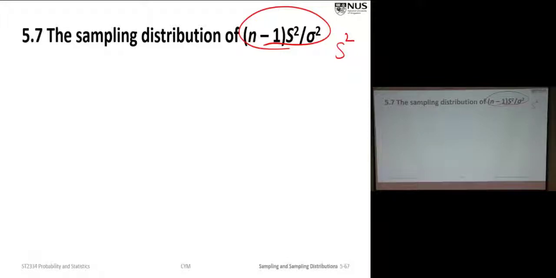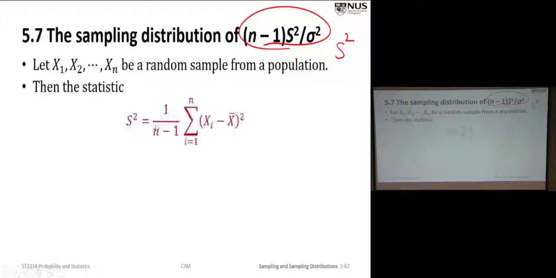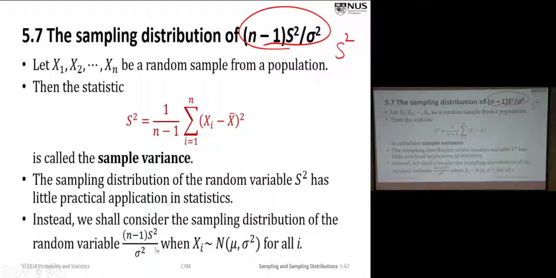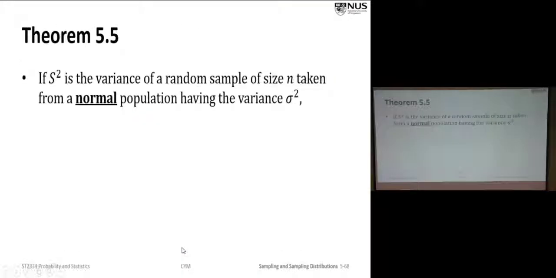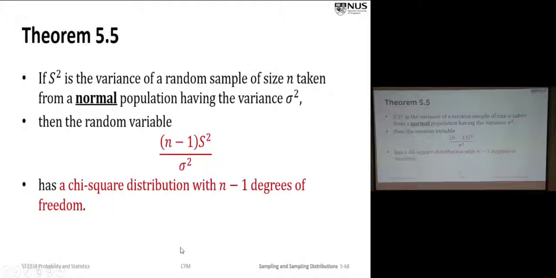So this is S square, the sample variance. This n-1 S square over sigma square follows a chi-square distribution with n-1 degrees of freedom.